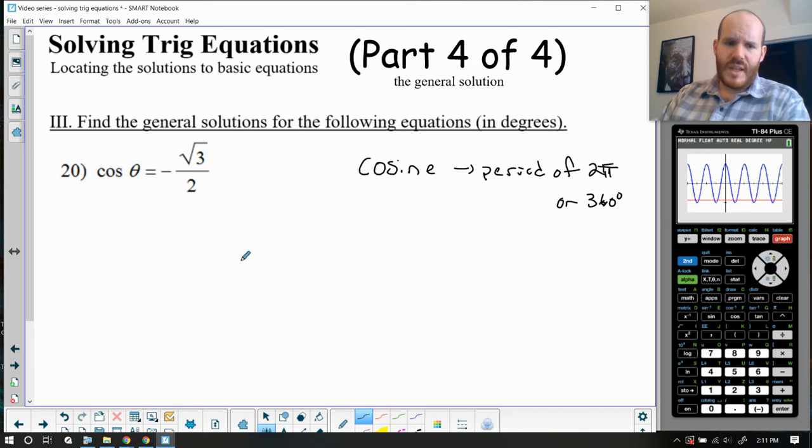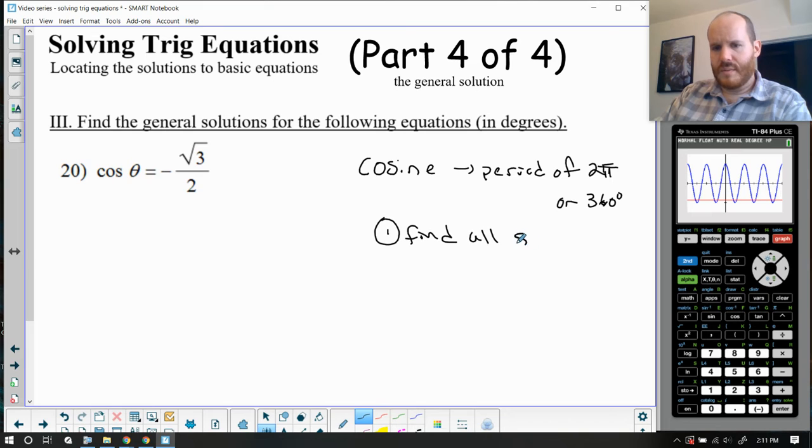When we go to solve this, we start by solving the basic solution like we did before. I'm going to first find all solutions in one period, so that's on the interval 0 to 360.